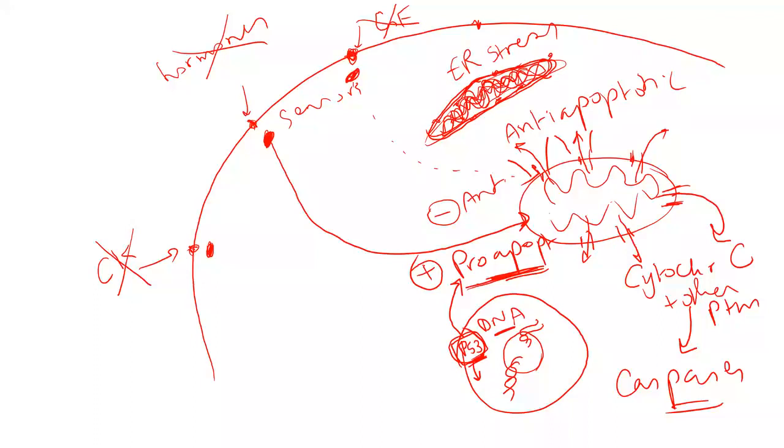If this repair process is not done well, or if it fails, I have sensors beneath the endoplasmic reticulum. These sensors will go to the mitochondria to stimulate the pro-apoptotic BAX and BAK and inhibit anti-apoptotic proteins so that it will push the cell into apoptosis.